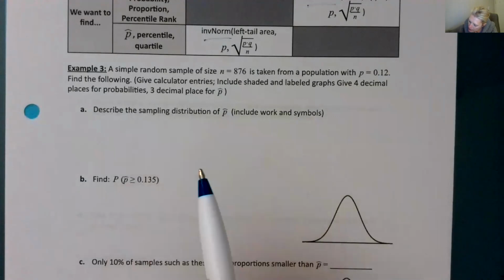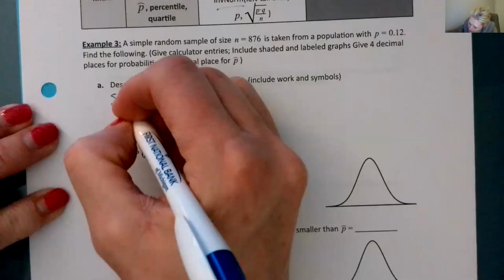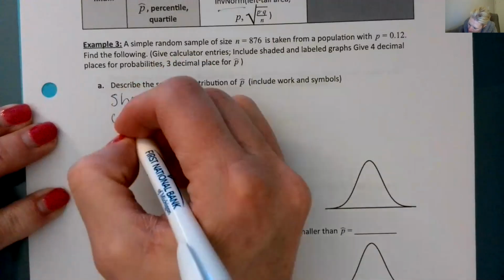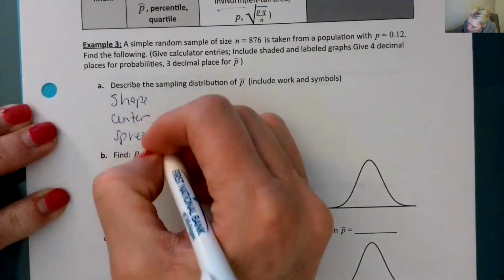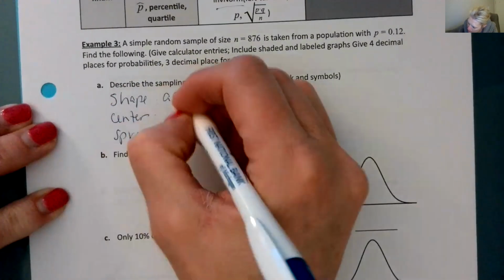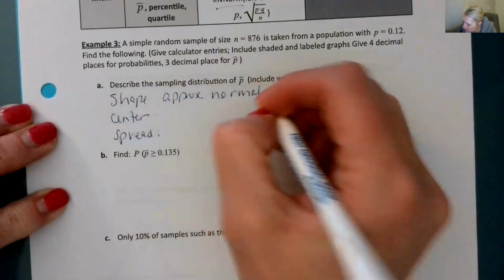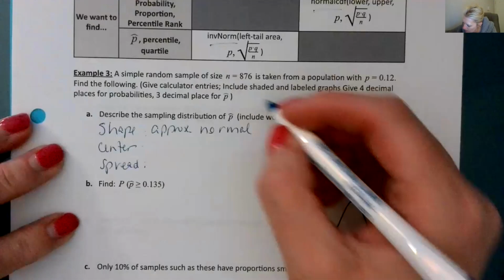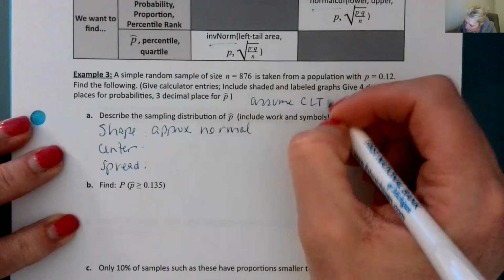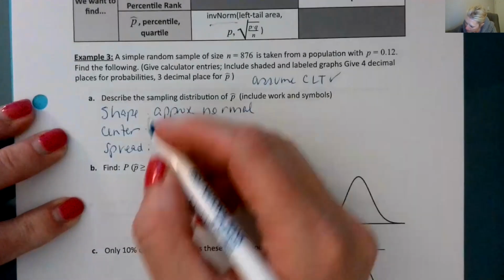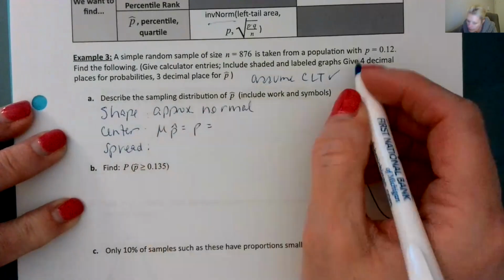So that's going to be our shape, center, and spread. Our shape is going to be approximately normal because we're going to assume that we met our CLT. So if we don't ask you to prove it, you can assume that you met the CLT. Our center, so the mean of the p hats, is going to be equal to p, which we said was 0.12.